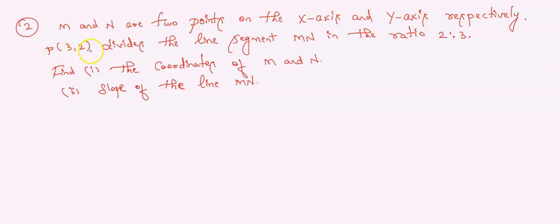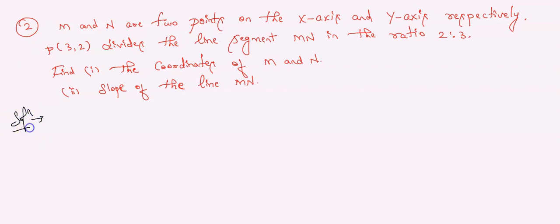P of 3, 2 divides the line segment MN in the ratio 2:3. Find option 1 the coordinates of M and N, option 2 slope of the line MN. See children, now it's very simple, no need to worry. It's a very interesting and very simple problem, which carries 3 marks.